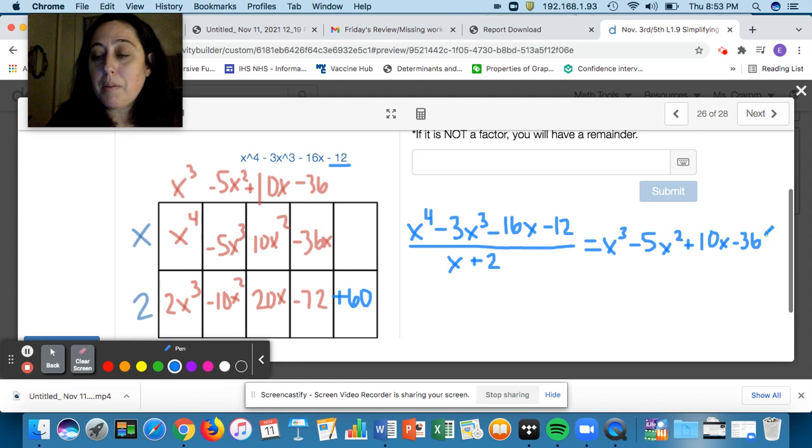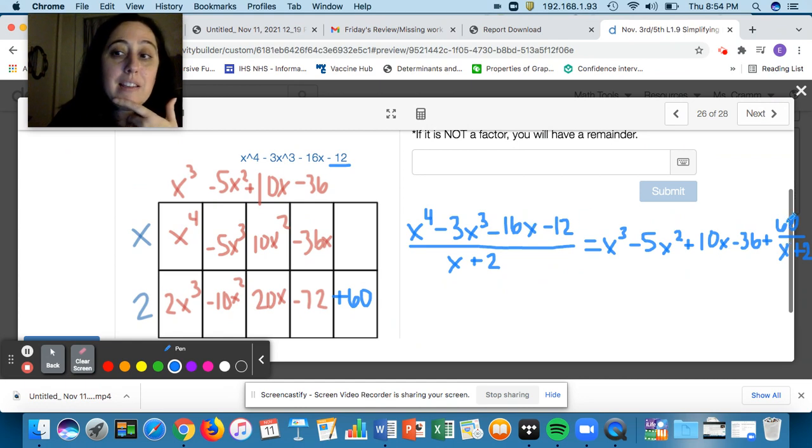So I'm going to put plus 60 over what I divided it by, the original factor that they gave me, so x plus 2. Hopefully you can see that. That's how you would write the quotient, or the result when you divide, if you have a remainder.